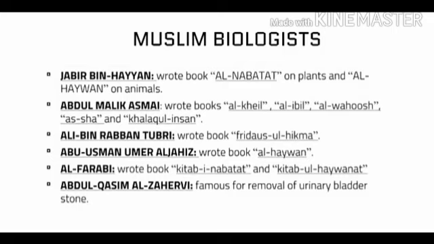Al-Khayl, describing structure and function of body parts of horses. Second book is Al-Ibil, describing structure and function of body parts of camels. Al-Wuhush, describing structure and function of body parts of wild animals.